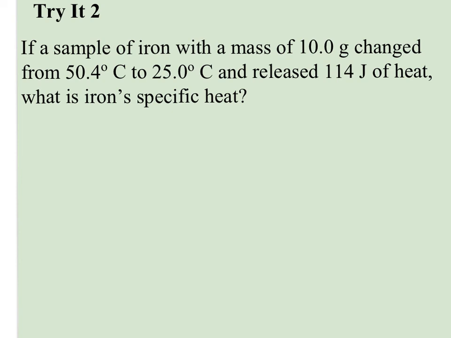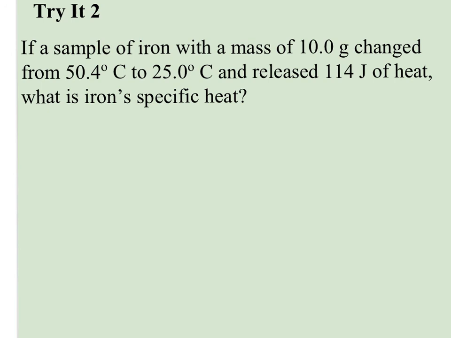So when I plug in here, I have 114 joules. I have 10 grams. C is what I'm hoping to find. And my change in temperature, 50.4 minus the 25, is going to give me 25.4 for my temperature change.